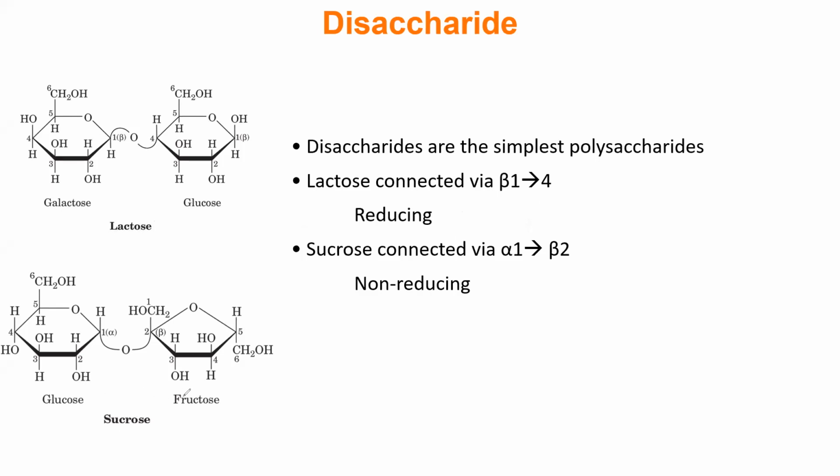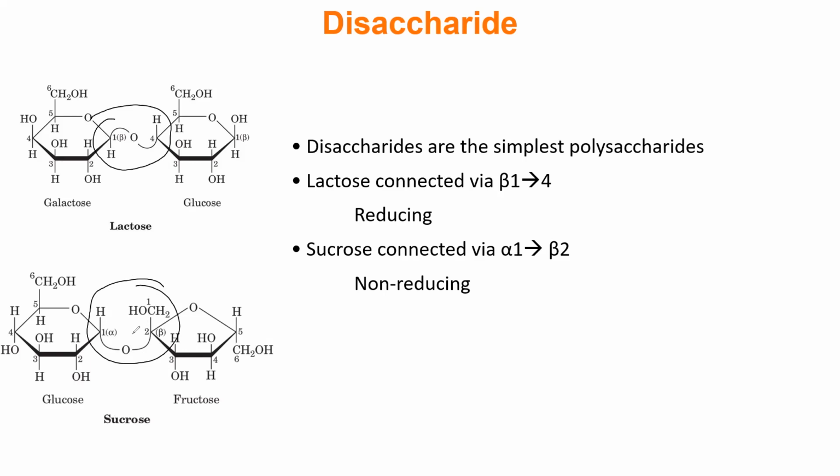Sucrose is glucose and fructose. I'm not interested if you know that lactose is made out of these two sugars or if sucrose is made out of these two sugars. What I'm interested in for this class is if you could look at the connection that combines disaccharides and if you can properly name it.